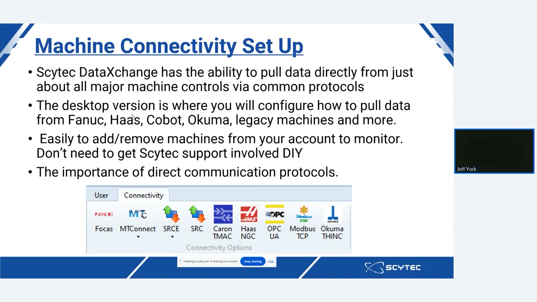So if you have a machine that is not outfitted with a common machine controller like Fanuc Focus, we'll say like a 30/31i series controller, we can still connect to your machine via either MT Connect or OPC UA. And if you have a really old machine that does not have an Ethernet port on it, we can use something called a status relay controller, SRC, and you can choose that option down there with both the SRC and the SRCE, and the E in that stands for extended. And then if you're using cobots, we can connect to those via Modbus TCP.